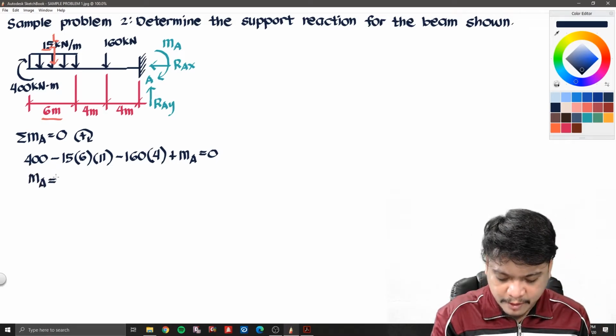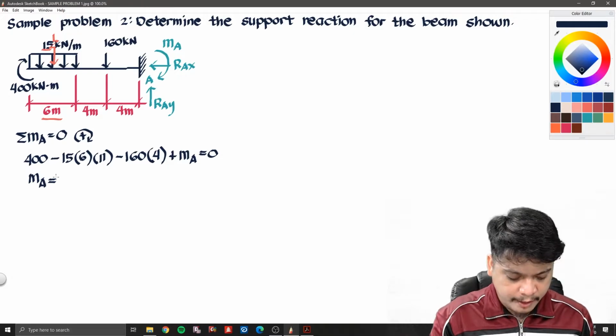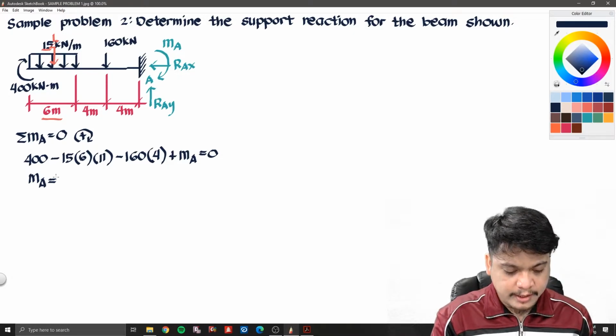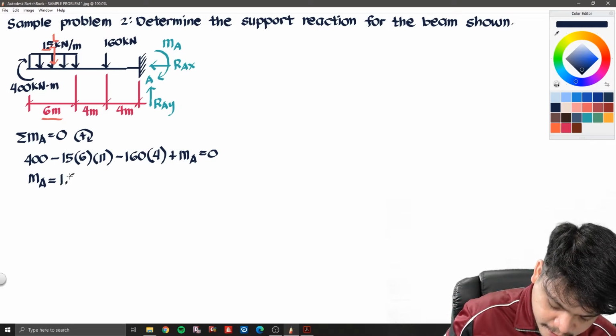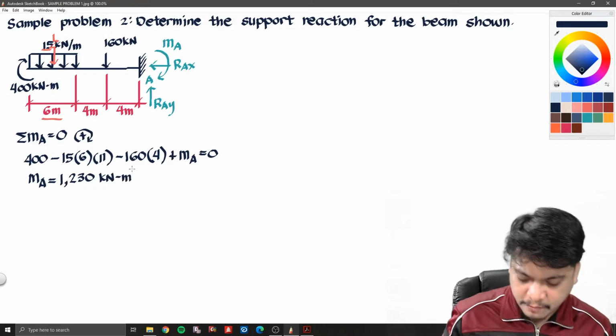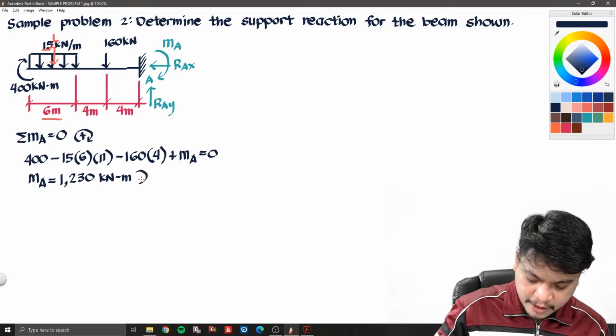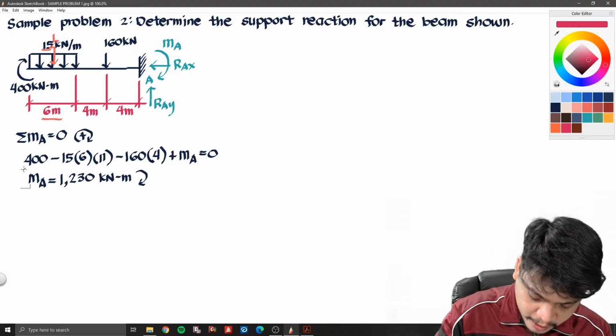Okay, so you will be having here negative 400 plus 15 times 6 times 11, okay, plus 160 times 4. So I have now the moment, nag-positive siya, 1,230 kilonewton meter. Okay? So it means tama yung aking assumption na clockwise manner siya. So I have now one reaction. So that is equal to the moment.